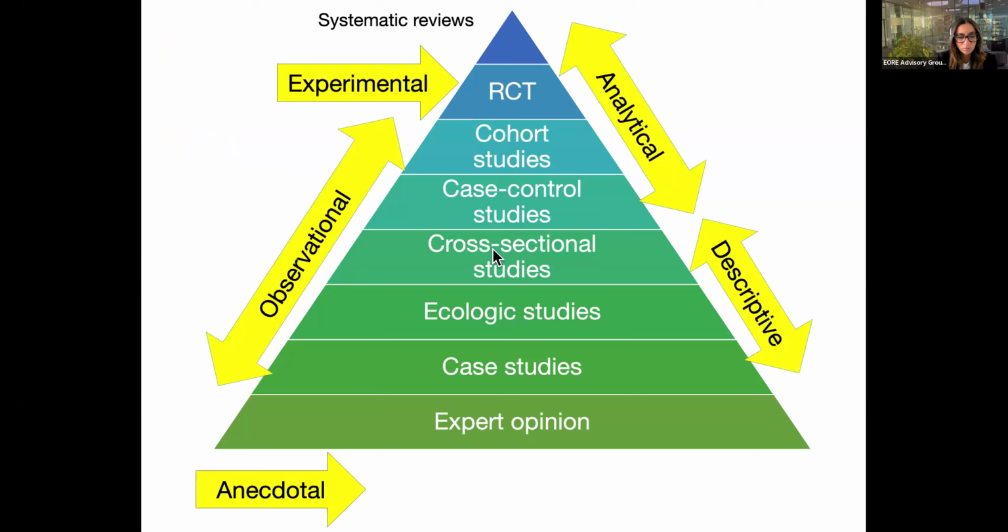Now, this is the hierarchy of knowledge, and you can see that experimental is right at the top, and that's something called a randomized control trial. We're not doing that. We're doing something called a case control study, which is observational. It's analytical, and it's quite high up the system. Here we are.